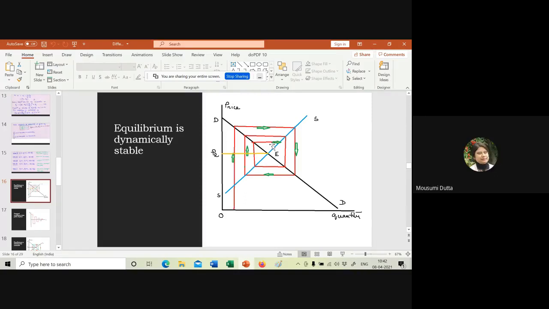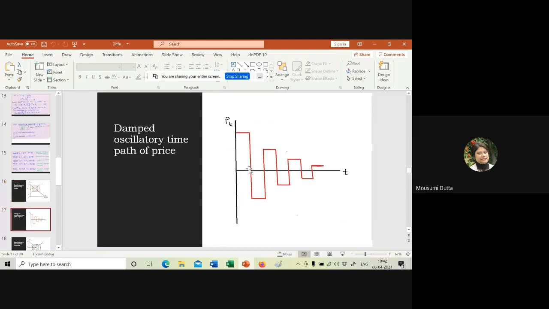Understood? Okay. So if I plot the time path of price only, we will get a damped oscillatory time path of price like this. I have started from this price which is above the equilibrium, then coming down, coming up, down, up, and so on.